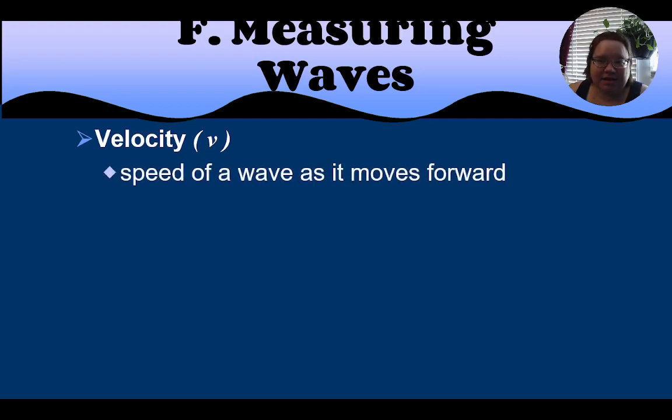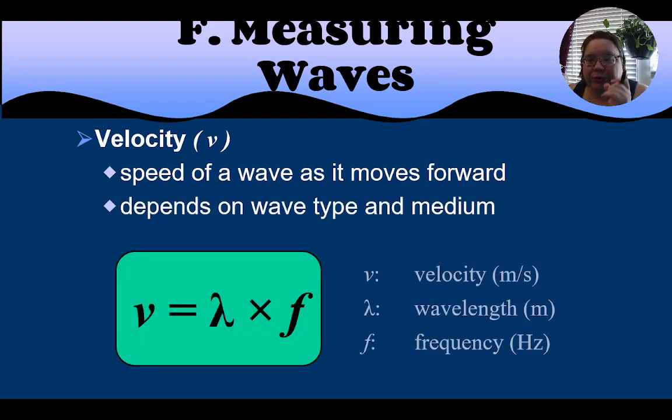So velocity, remember, gives us an idea of how quickly something is moving. In relationship to waves, it is the speed of the wave as it moves forward. So remember that upside down y, that lambda, is our variable for wavelength.